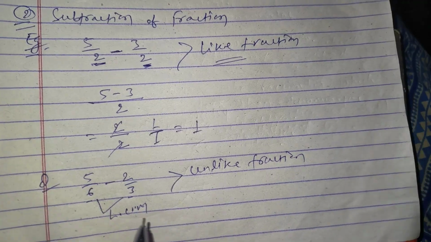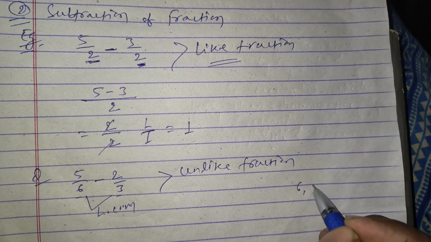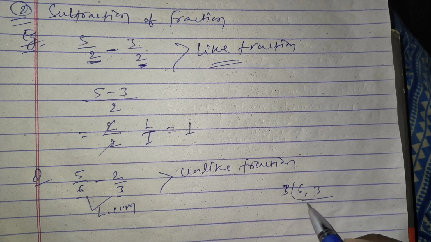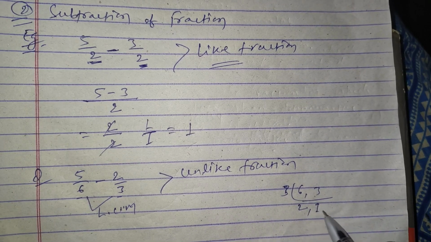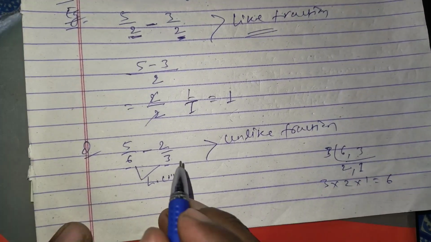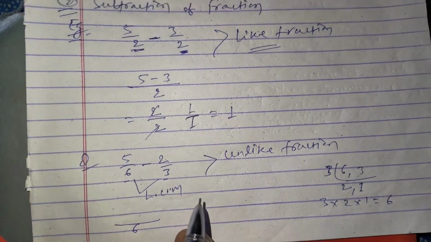Let's take 6 and 3. 3 into 2 is 6, so 6 is the LCM.